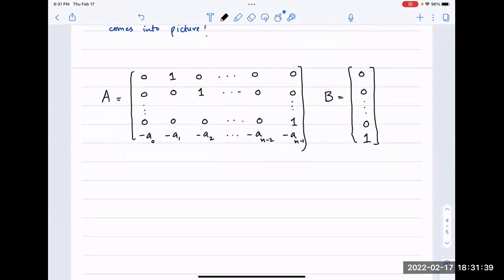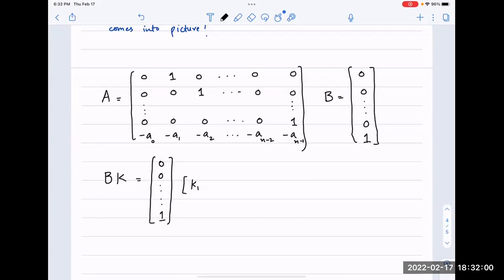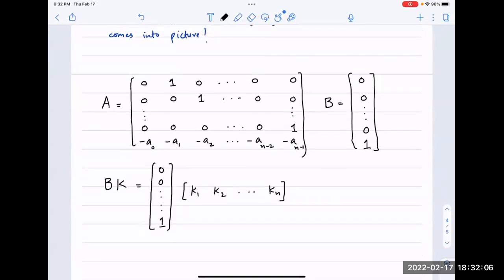Now let's look at what BK and A minus BK look like. B times K in controller canonical form will be all zeros, the last element is 1, and K is K1, K2, up to Kn.